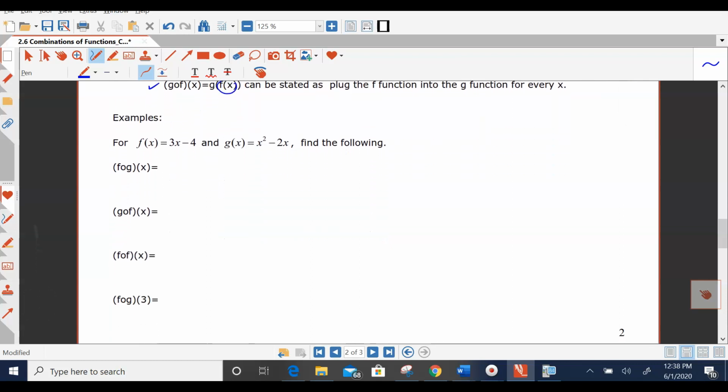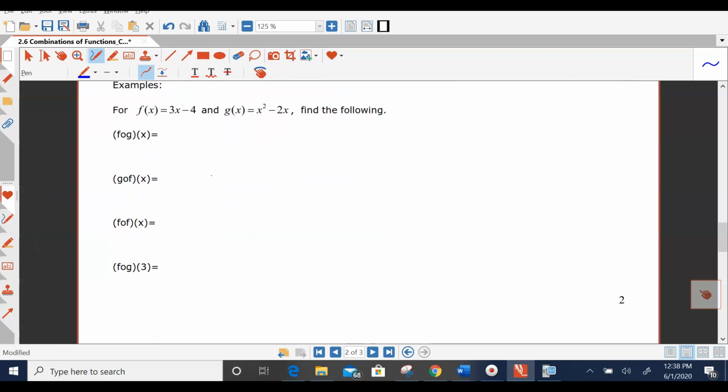Let's practice that. So I've got two functions. F of x is equal to 3x minus 4. G of x is equal to x squared minus 2x. And I want to form the composition f circle g of x. So that means it's f of g of x. So I'm going to put the g of x function inside the f function.